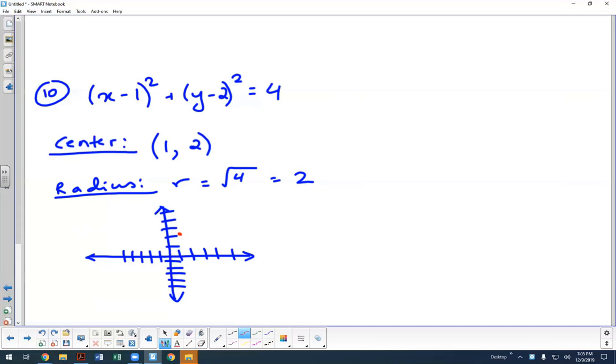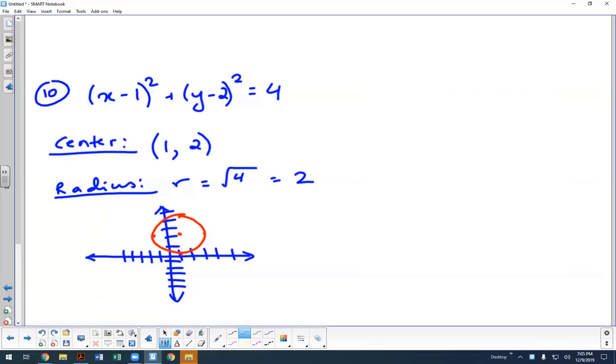So that will be 1, 2, 1, 2, 1, 2, 1, and 2, right? Like I said, it's really a review of what we did in chapter 1. There's nothing new that we are introducing here. And I actually took 11 and 12 out of your homework. So you don't have to worry about 11 and 12.